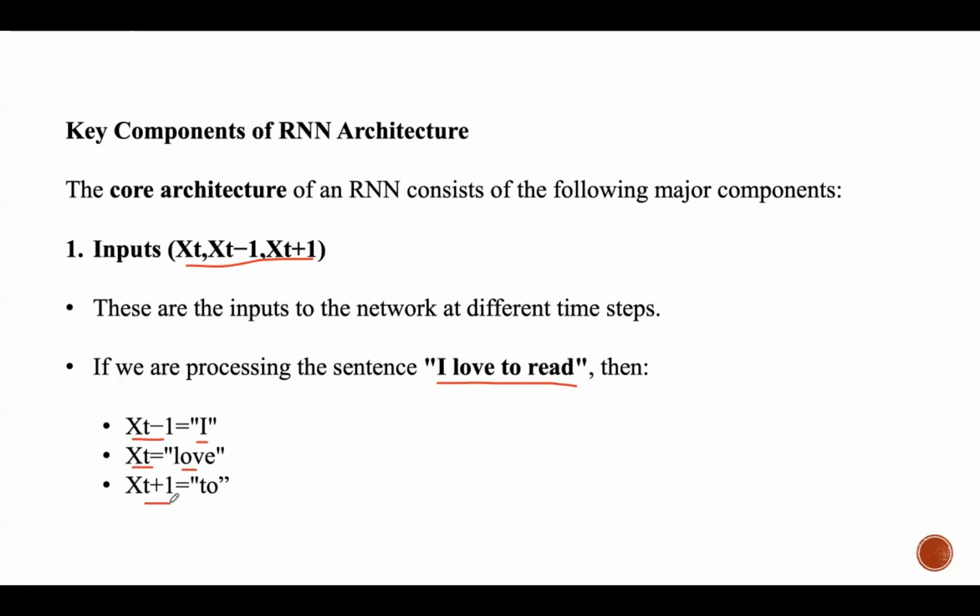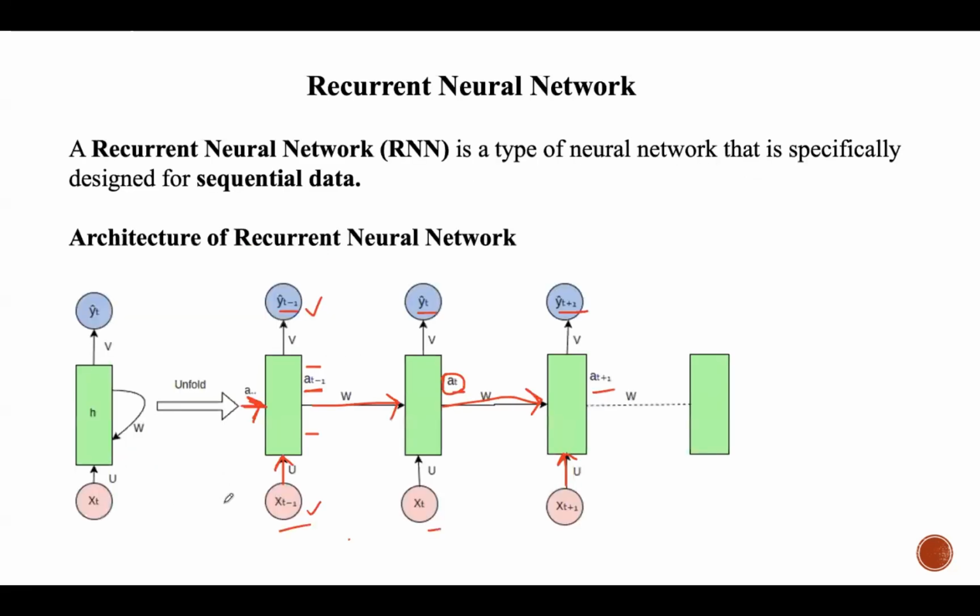At time step t plus 1, the input word is "to". Again, we don't give these words directly to the RNN cell. We provide only the vector embeddings of these words, or a numerical representation of these words, to the RNN cell.